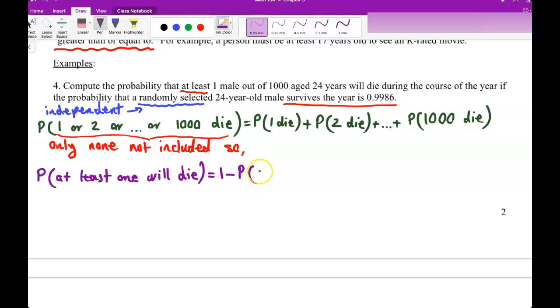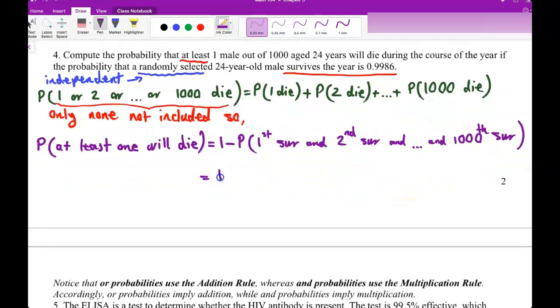Now here we have the probability of the first one surviving and the second one surviving and so on, up to the 1000th.